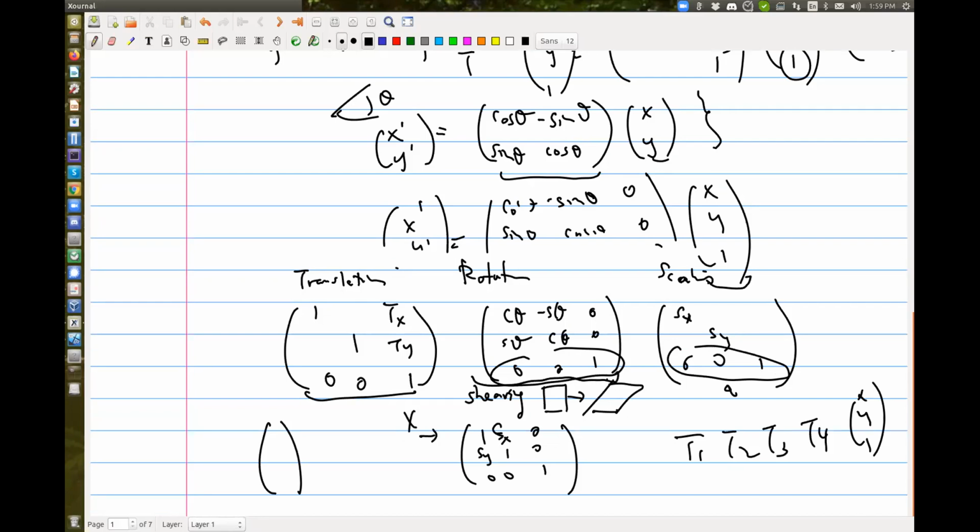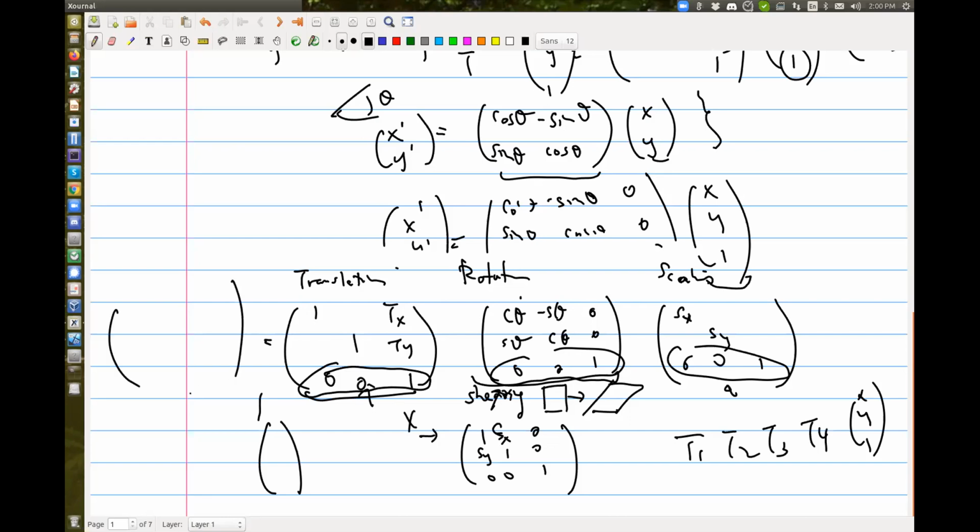If I have these two matrices multiplied together, what's the last row here?